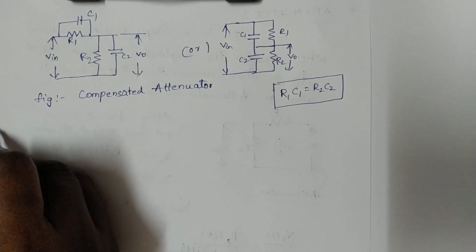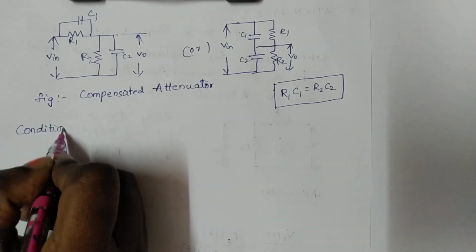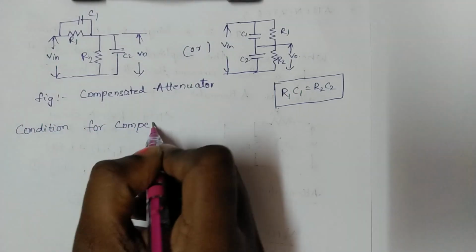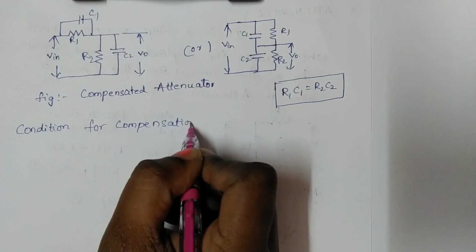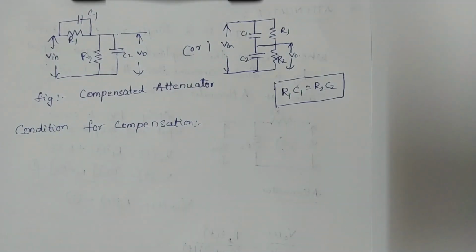The condition for the compensation is that we have to find out that the initial condition is equal to the final condition. Then we can prove the compensated attenuator condition.